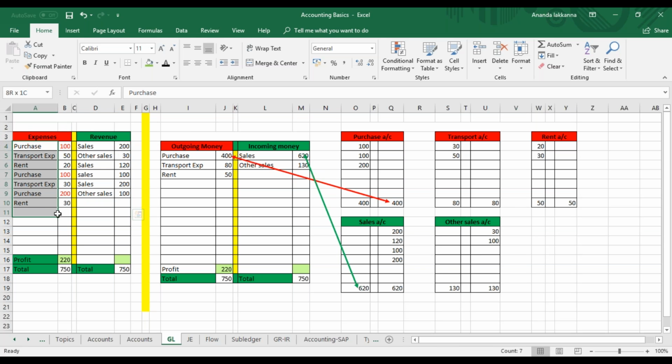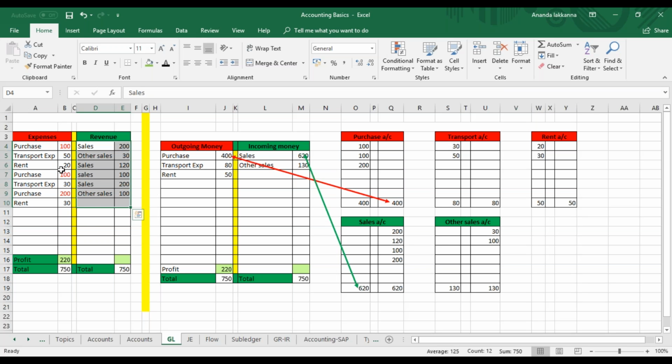Just imagine there are around 20,000 entries here and 10,000 entries in revenues. You want to check whether all the purchases, rents, transport and sales are properly entered in the P&L account, or whether any accounting mistake is the reason I am not getting a profit. How much time will it take to categorize everything?